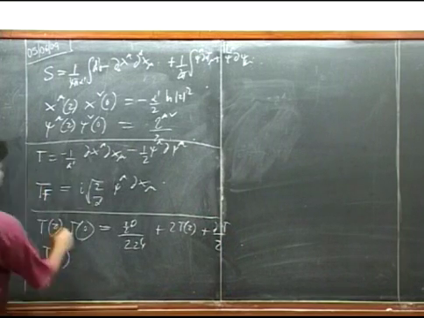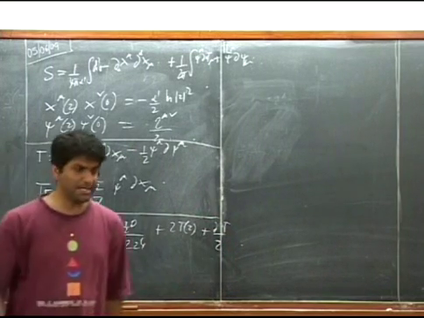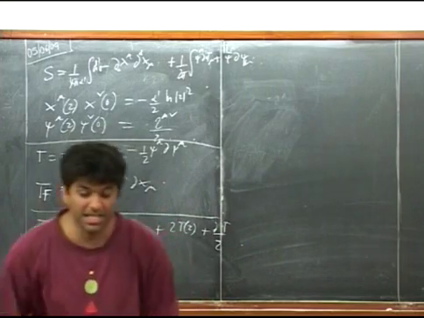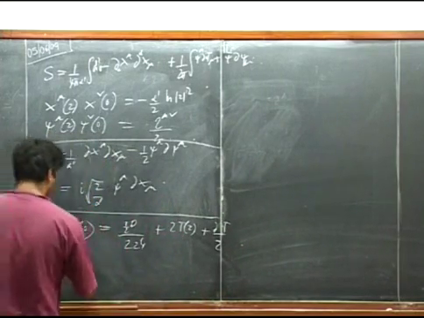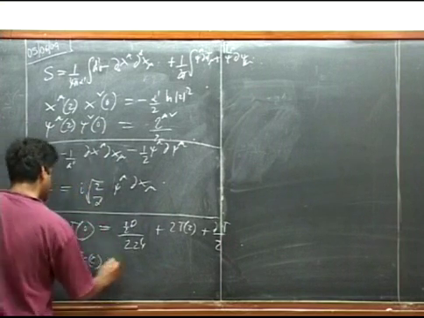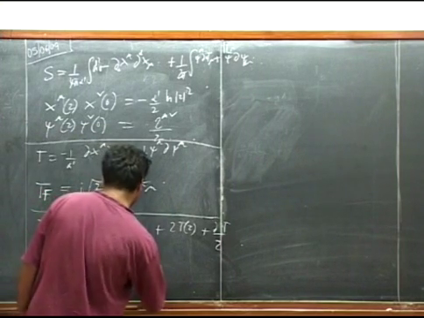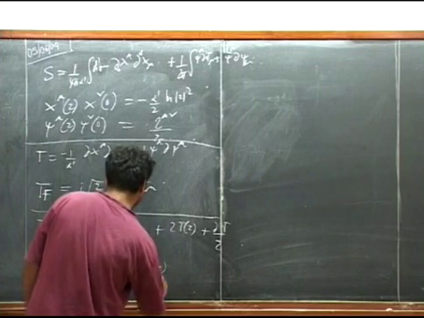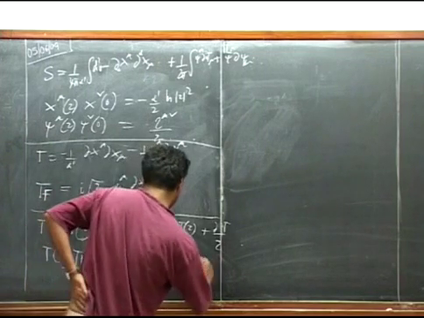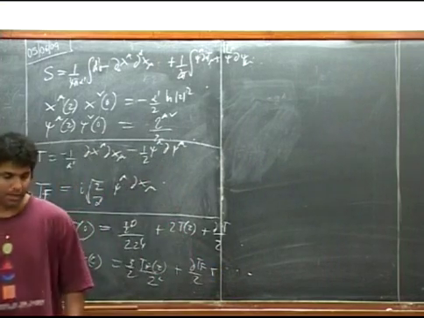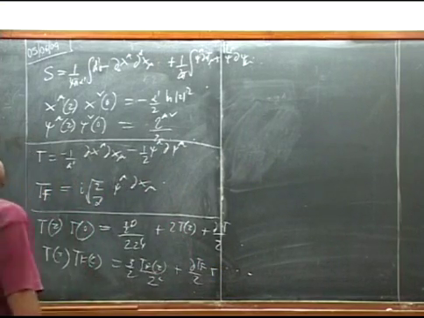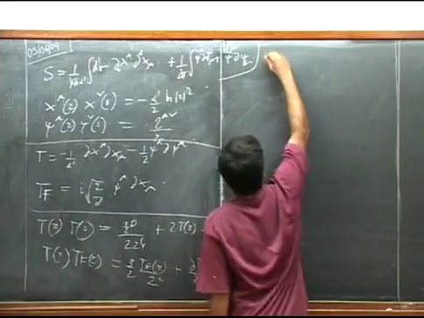And the stress tensor with the fermionic current TF had the OPE of the stress tensor with a primary of weight 3 halves: T(z) TF(0) is 3 by 2 TF over z squared plus del TF over z, plus regular terms.